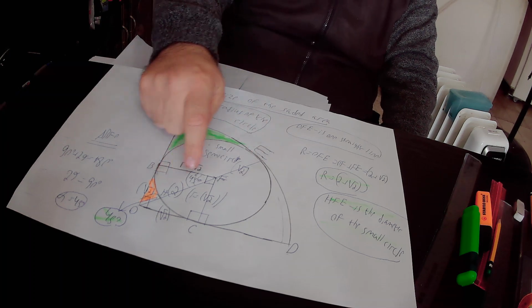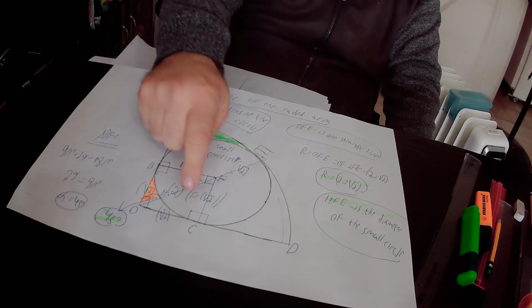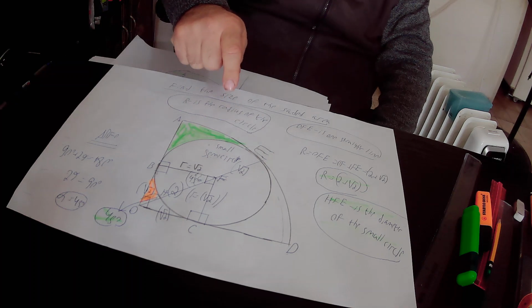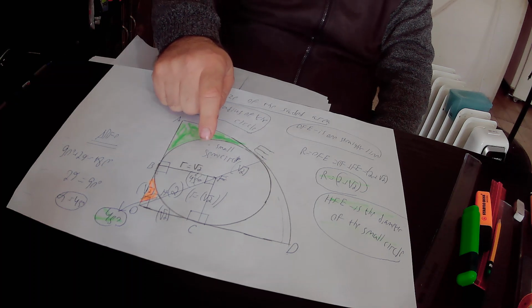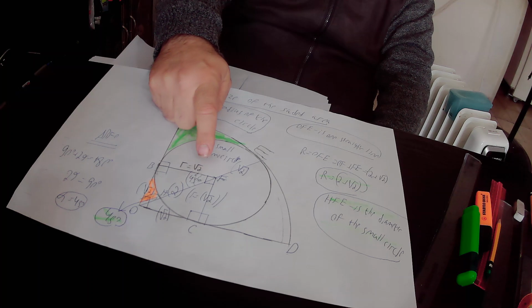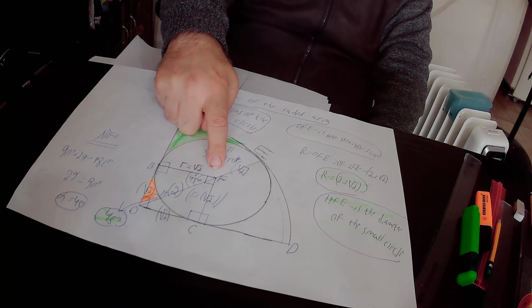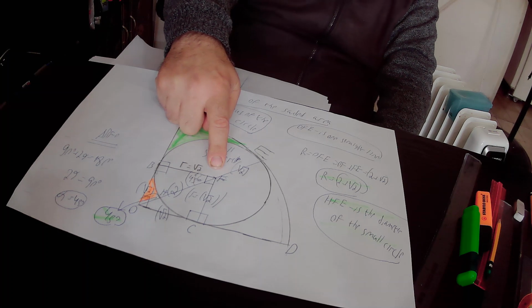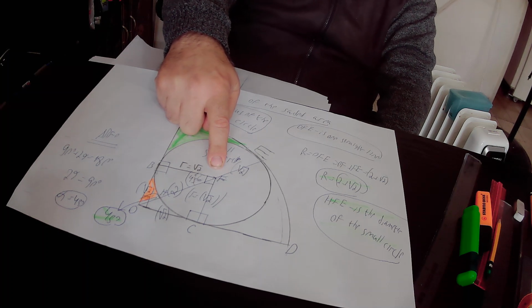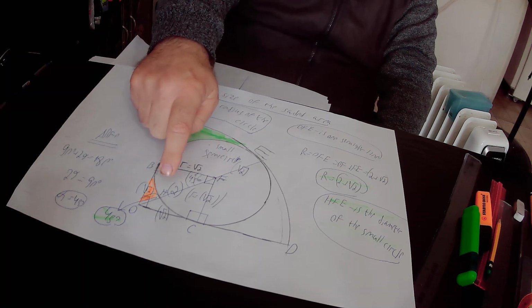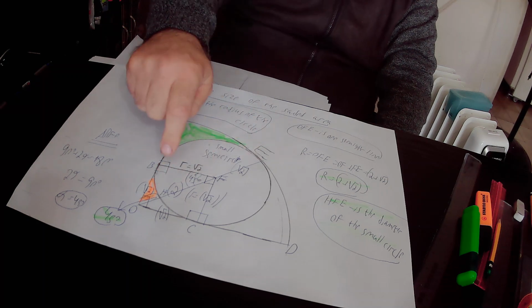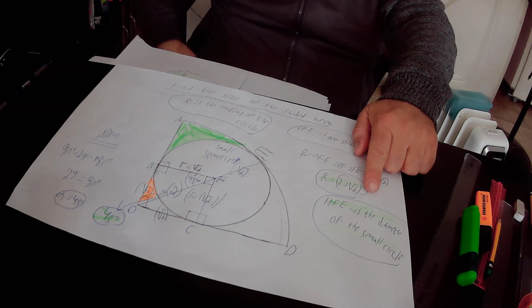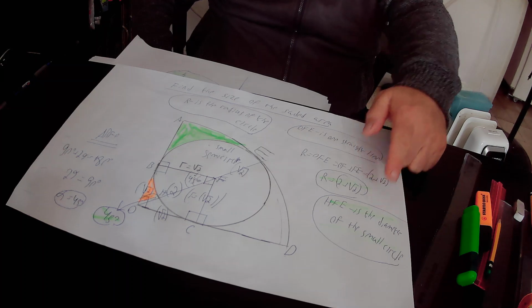So HFE is a chord of this small circle, but it is a special chord that passes through point F, the center of this small circle. Any chord that passes through the center of a circle must be the diameter of the circle. So HFE is the diameter of the small circle.